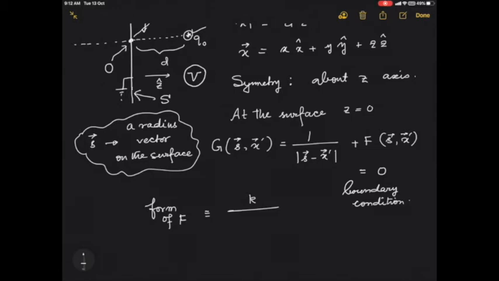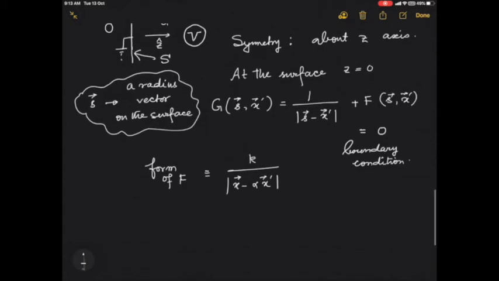And that is, it used to be k by s minus, or because I'm choosing f, let's write this first, x minus alpha x prime.